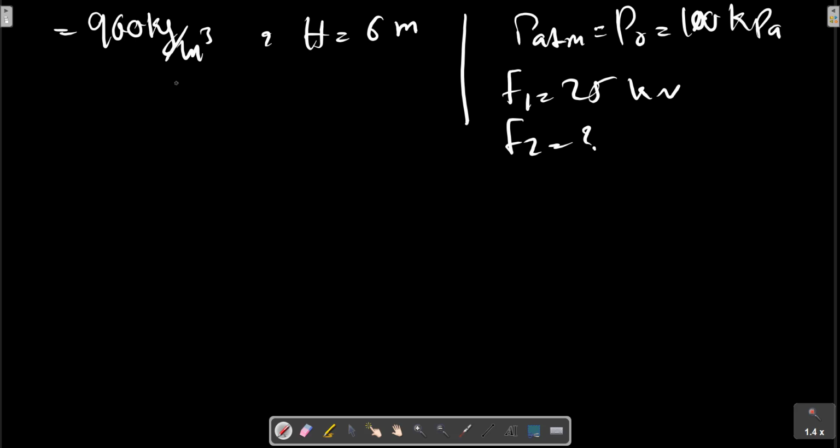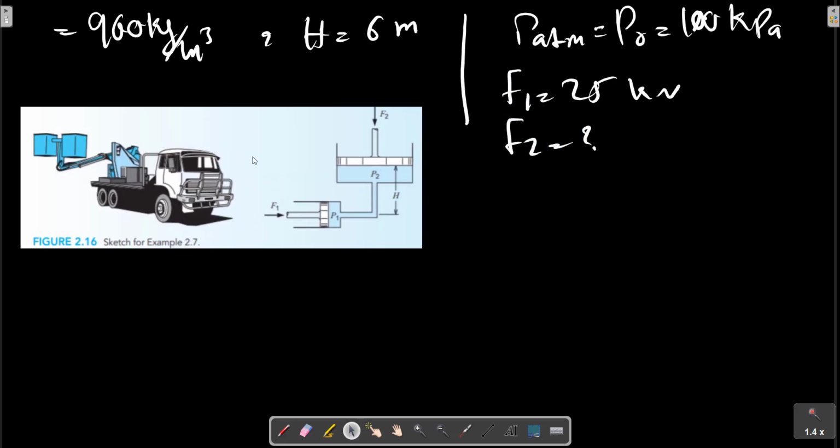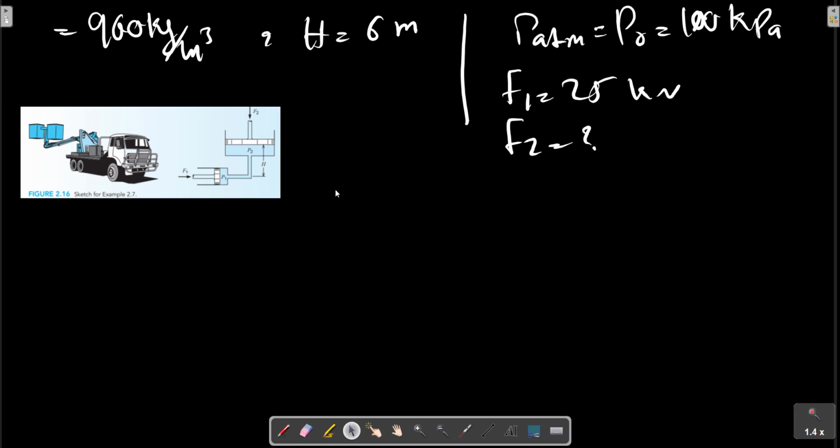We know that for the system of piston and cylinder, from our knowledge we can calculate the pressure P1 because we have F1 and also we have P0 at this point.